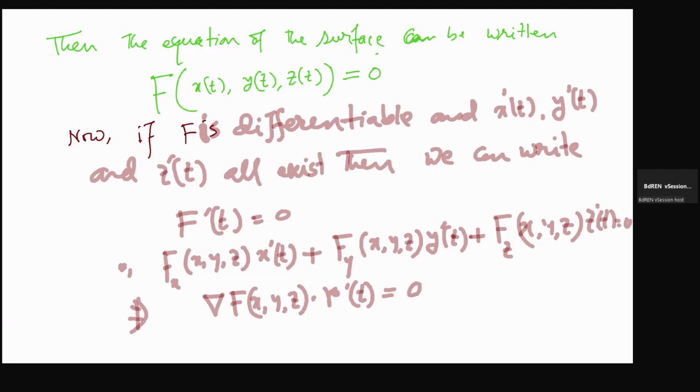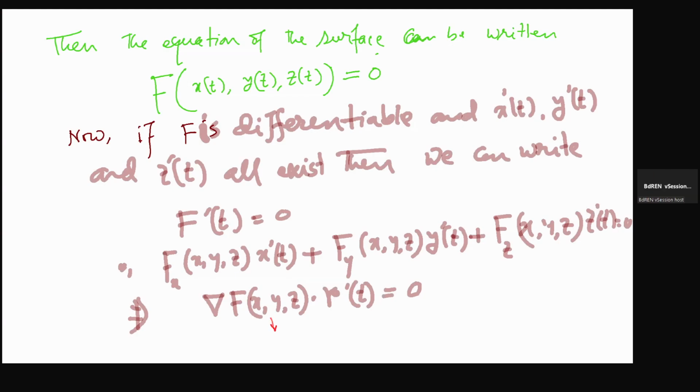So if you determine the dot product between the gradient vector of capital F and the radius vector r prime, then you will get this upper line. Any confusion, anybody? No, sir.